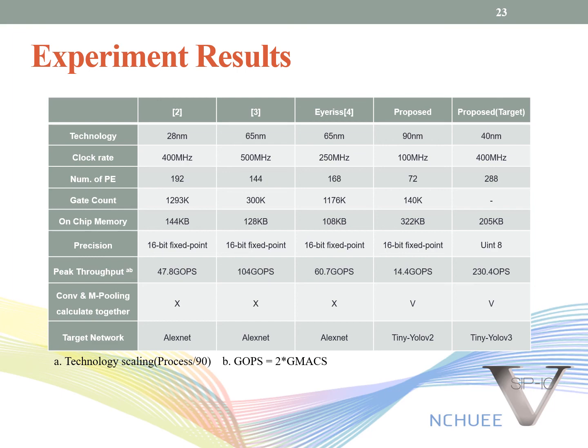It is because we can only have a 72 PE design based on the limitation of our current platform. In the future, our research will be based on this architecture and expand the design to 288 PEs. The data is as described in this table. Then GOPS will be able to surpass the throughput of other papers.